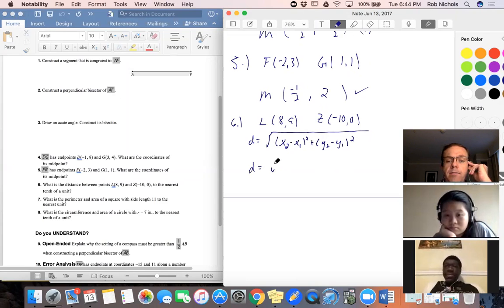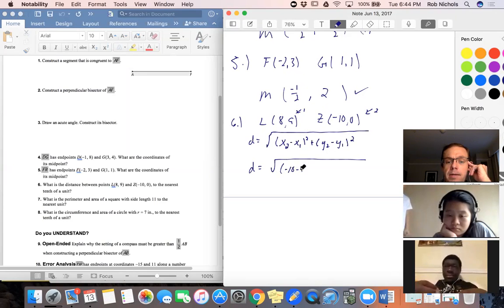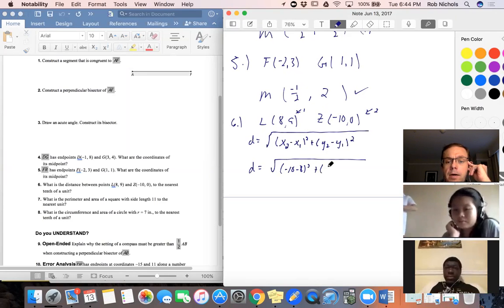It doesn't matter the order as long as we're consistent, but let's call this the second point, and this is our first point. So when we substitute these values in, we get d equals the square root of (negative 10 minus 8) squared plus (0 minus 9) squared.